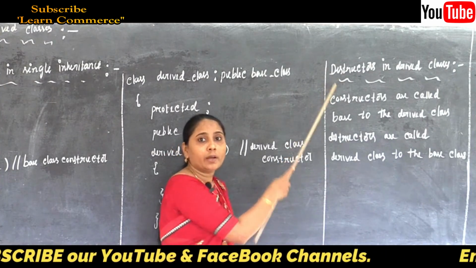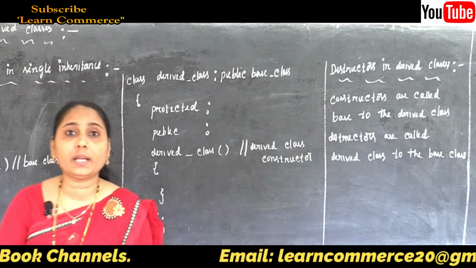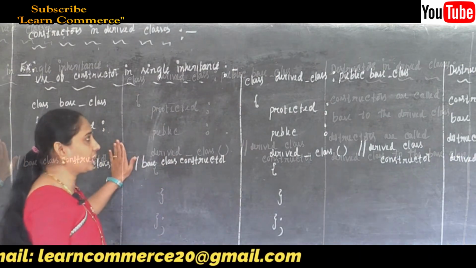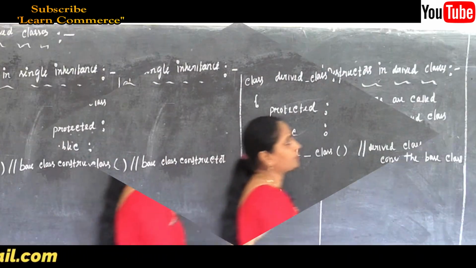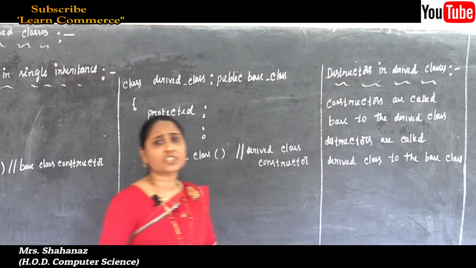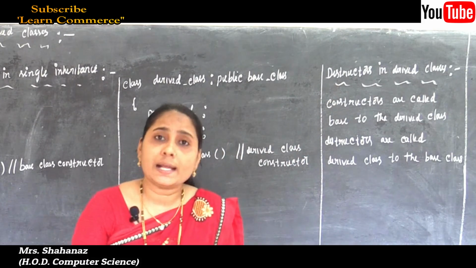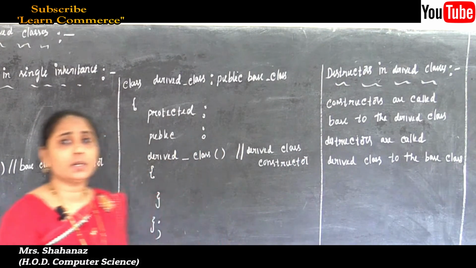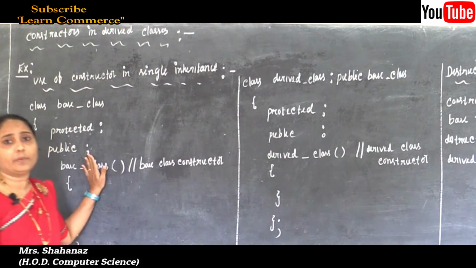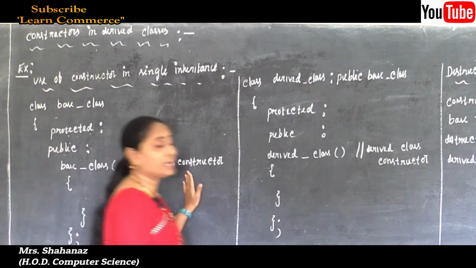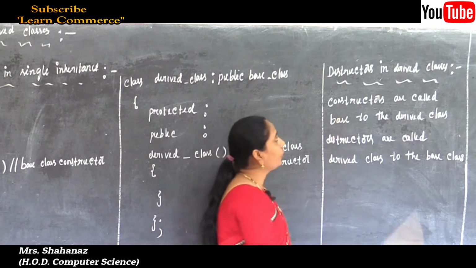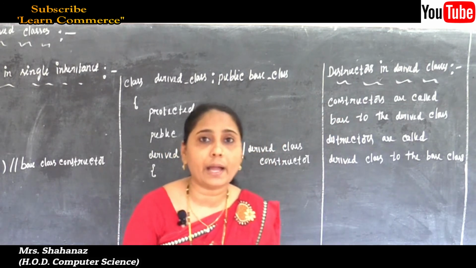Now our concept is not the constructor in derived classes, but the destructor in derived classes. Some notes I already gave in the constructor in derived classes. Now some important notes on the destructor in derived classes.